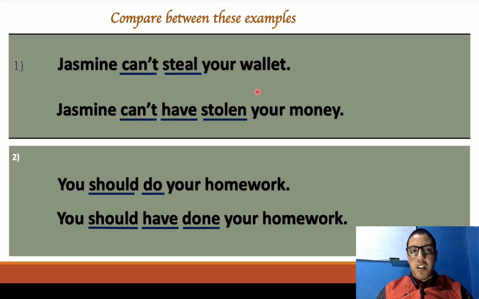Simple modals, like the first one, are used to talk about the present and the future. But modal perfects are always used to talk about the past. There are some cases in which we use simple modals for the past, for example had to, which is obligation in the past. But please just focus on this: pure modals and simple modals are used for the present and the future, but the modal perfect is used to talk about the past.